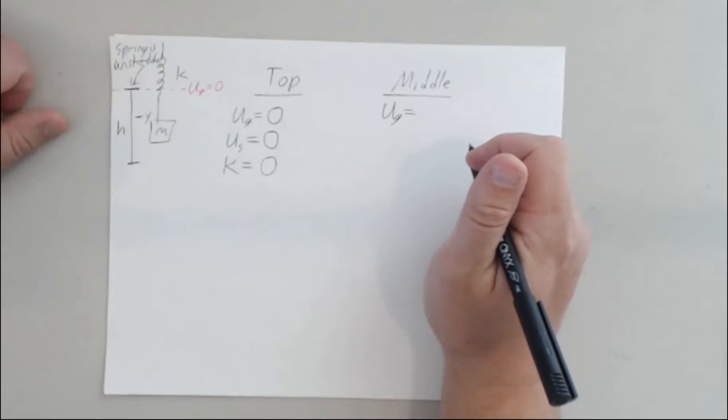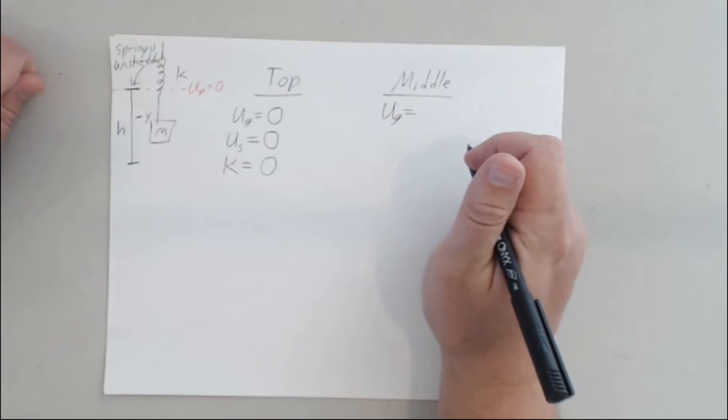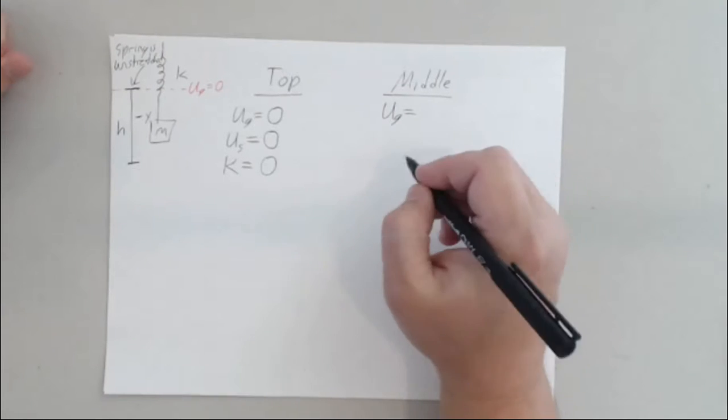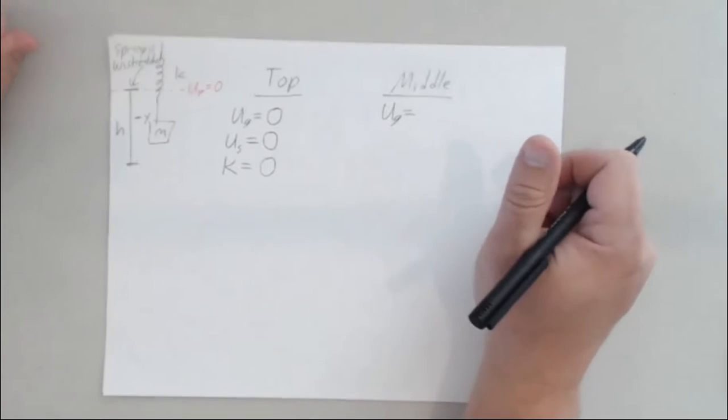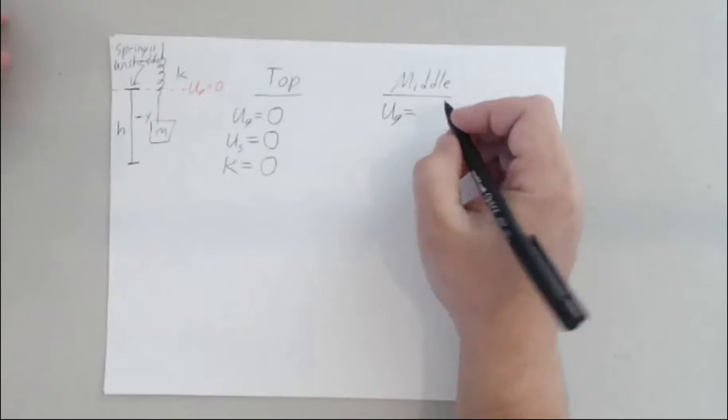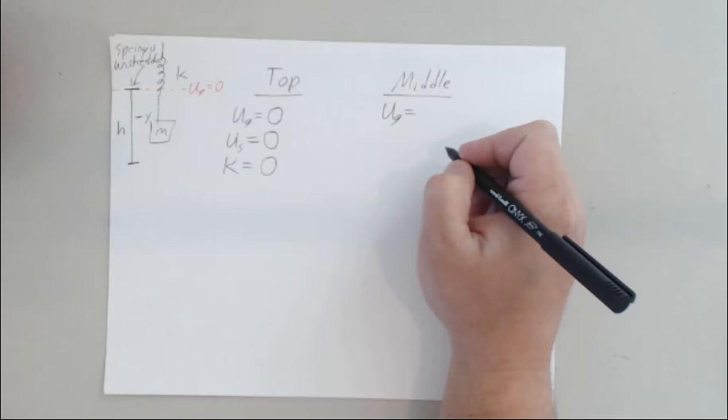Well, gravitational potential energy is just mgh, right? So mass times gravity times the height. But the height relative to where? To the 0 mark.